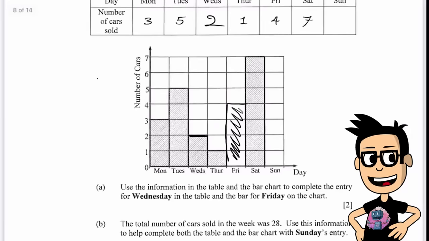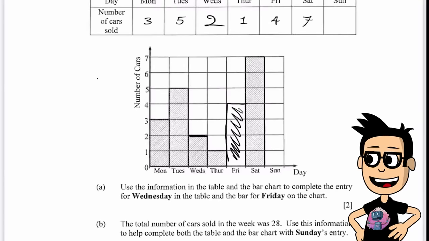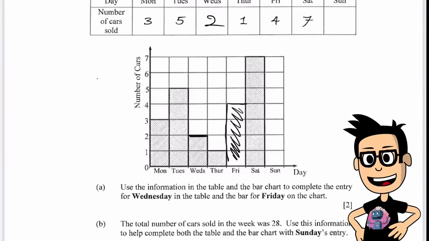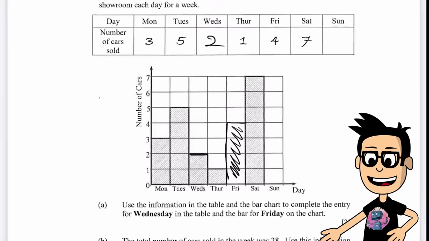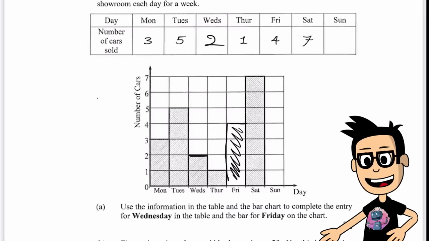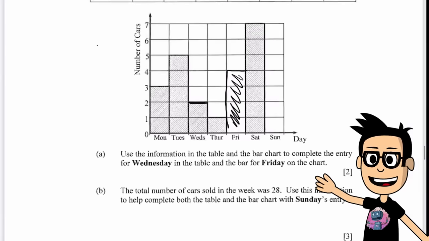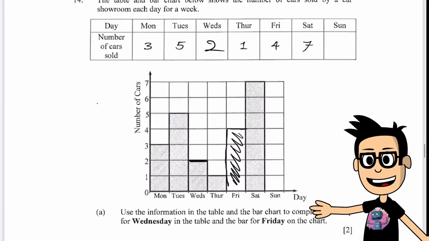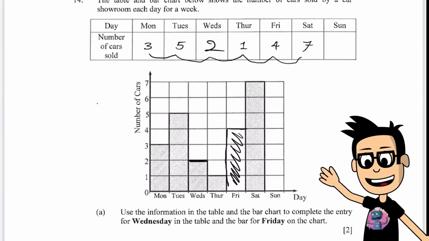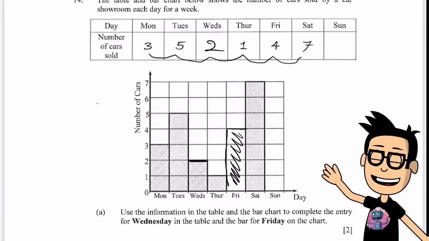And now for part B, it states the total number of cars sold in the week was 28. So we now need to use this information to help us complete the table and bar chart for Sunday's entry. So again, we'll add up all these numbers here and then subtract it from 28. So let's do that. 3 and 5 is 8, and 2 is 10, and then 11, plus 4 is 15, and 7 is 22.